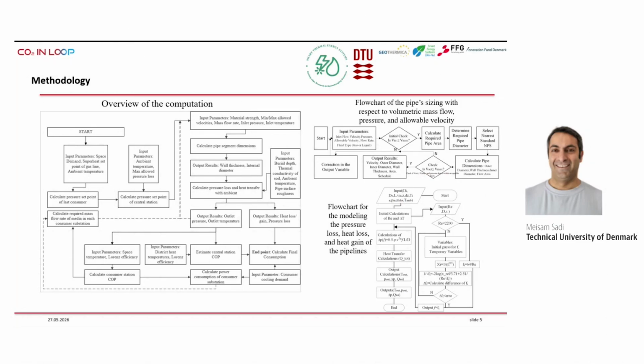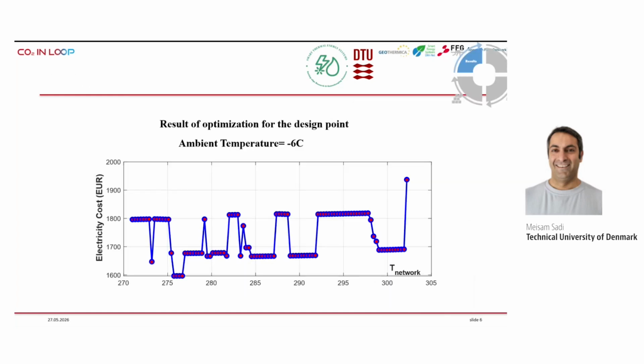We do the calculation and compute the pressure drop and the other properties like temperature and pressure, sizing the system in a trial and error methodology. We use these algorithms, as I mentioned here, for the calculation of the properties of the cycle.